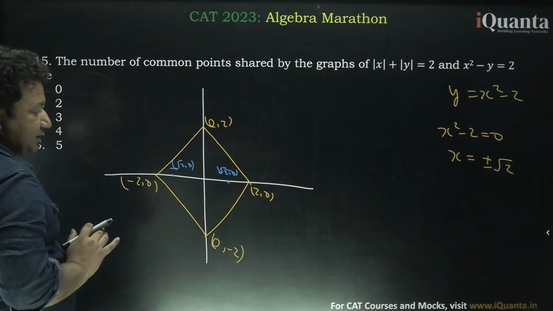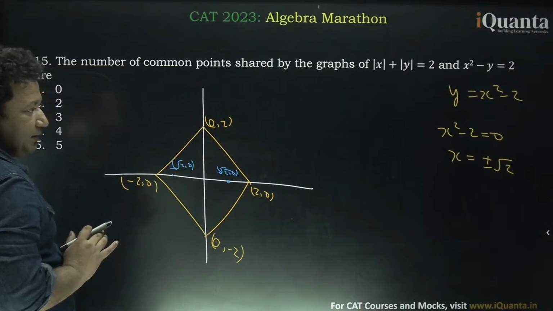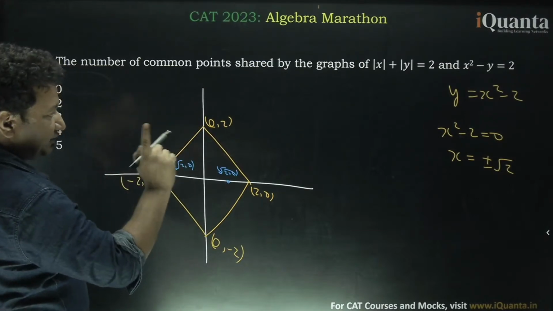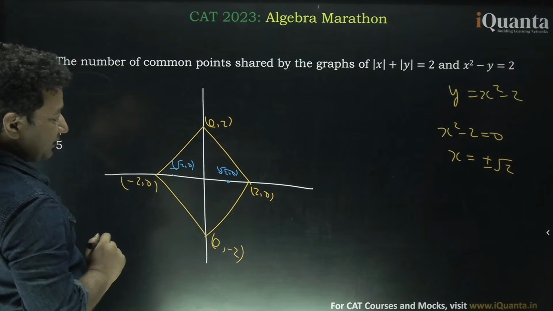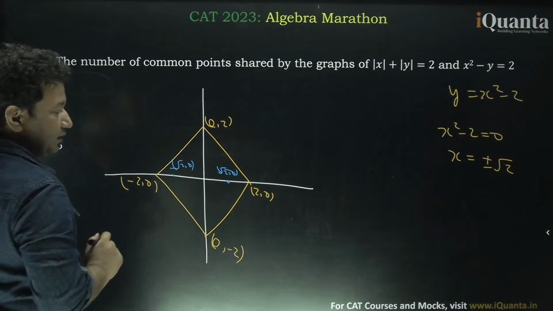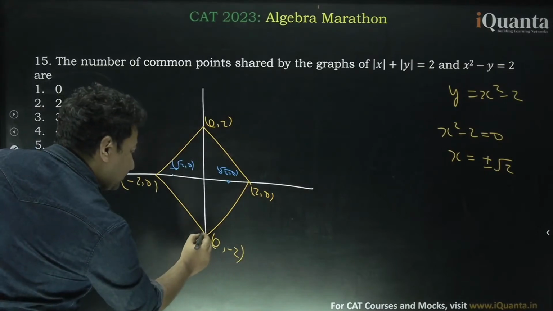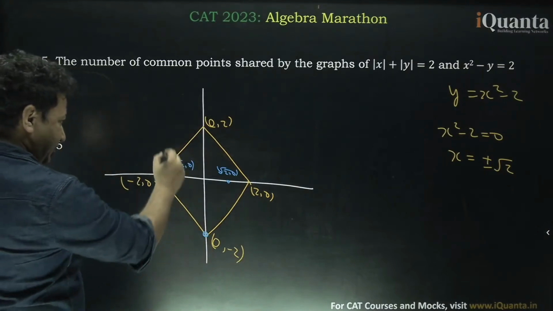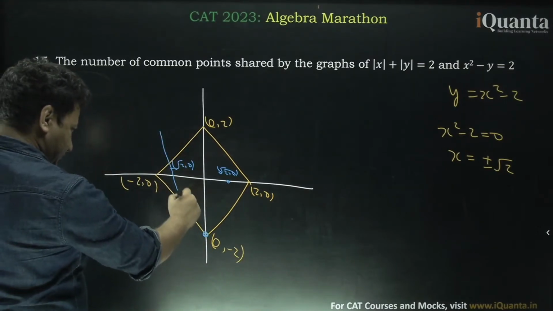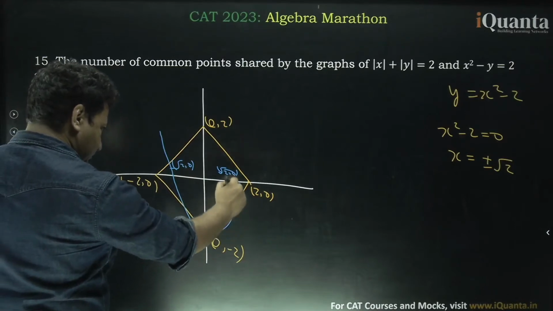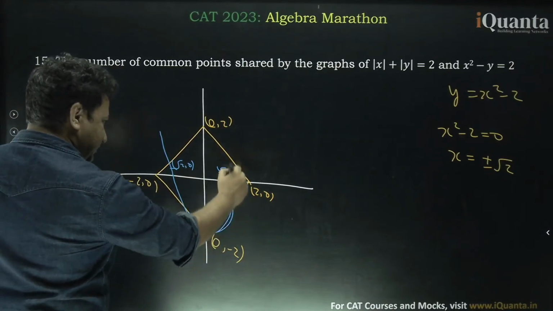And let us also try to find the point at which x is 0. When x is 0, I put it over here, I'll get y as minus something, like this will be the point. This has to be a parabola. It will pass like this, something like this.